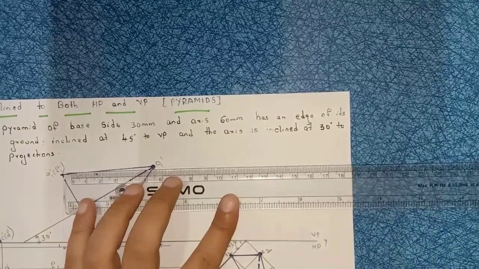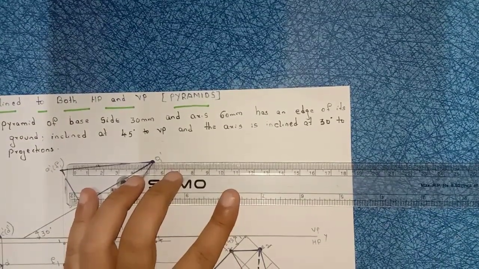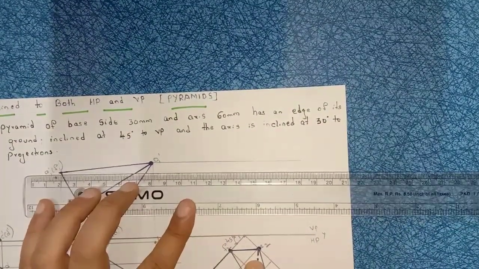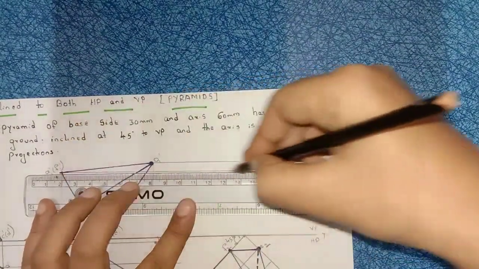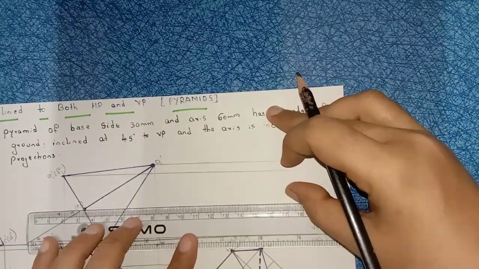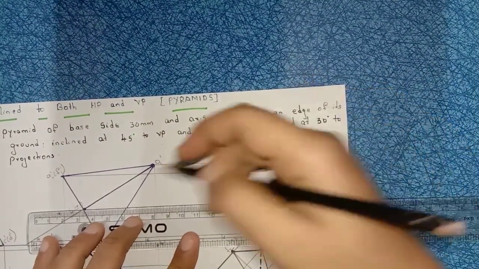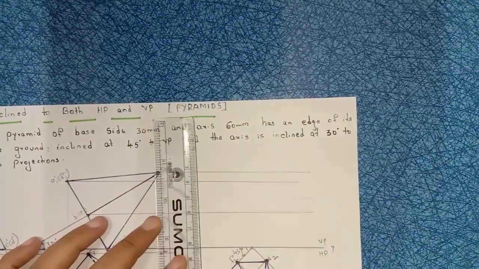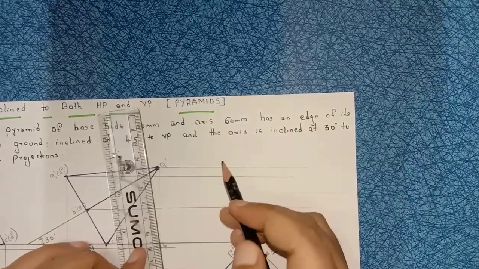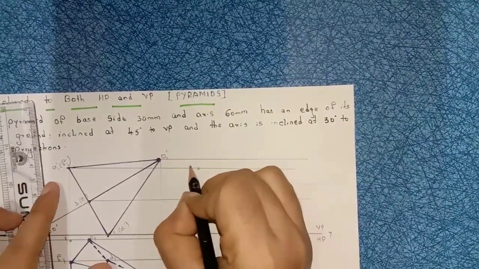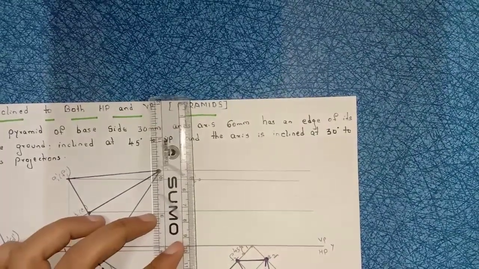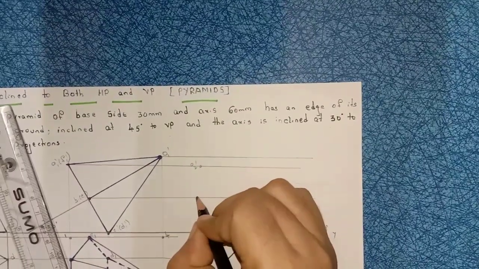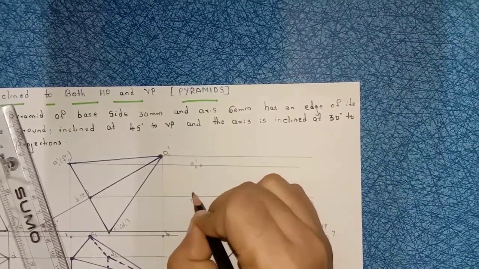In order to construct the sixth step, from every corner, see from O dash, draw the projectional line. From A1 dash, F1 dash, draw the projectional line. Right, from B1 dash, E1 dash, draw the projectional line. Right, now same process from A to A. Name this point as here A2 dash. From B to B. Name this point as here B2 dash.